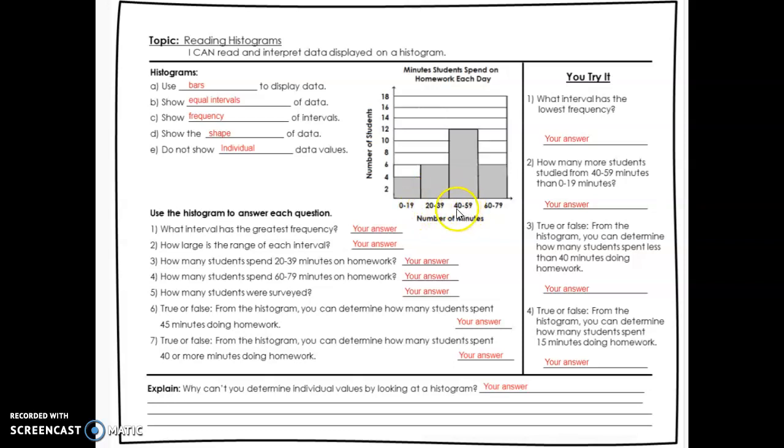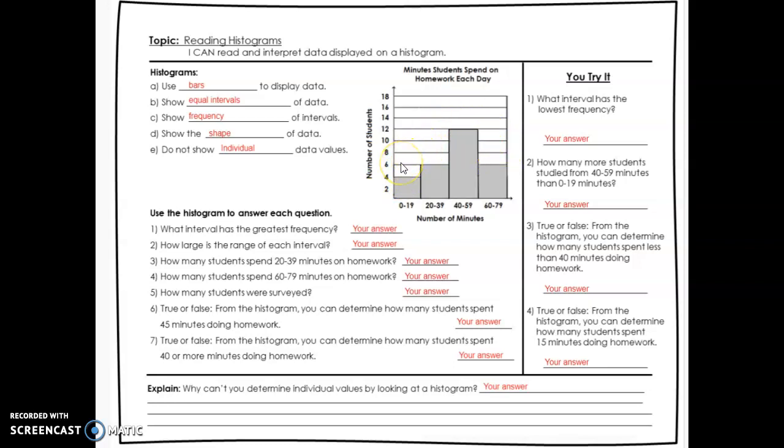And then from 40 to 59, 60 to 79. So we look, these are equal intervals. It's the same amount here. And the bars are going to show the frequency, or how many data points are in that interval. By looking at this, we can see the shape of this data. We'll talk more about the shape later.